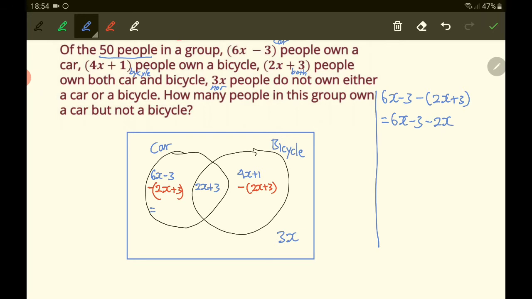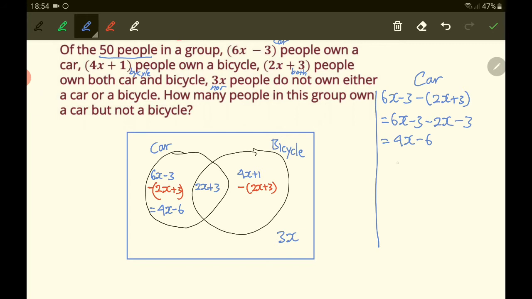You multiply the minus inside, and then minus 3. So we got 6x minus 2x, 4x, minus 3 minus 6. So this one is for the car. The car here becomes 4x minus 6.